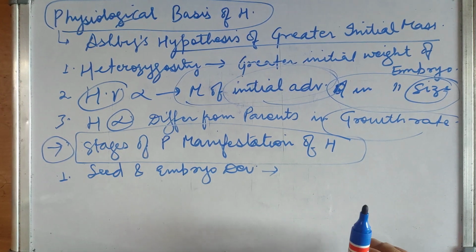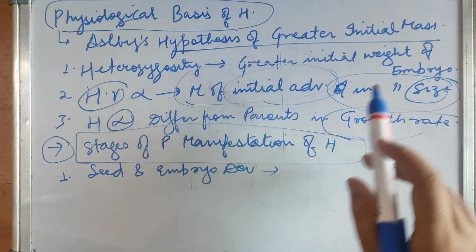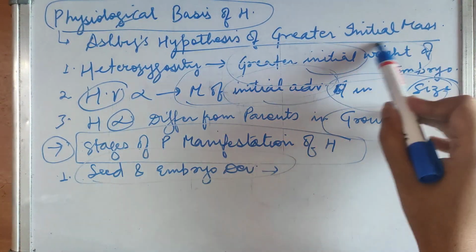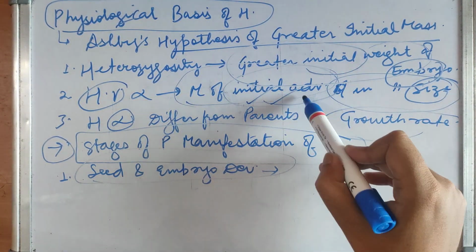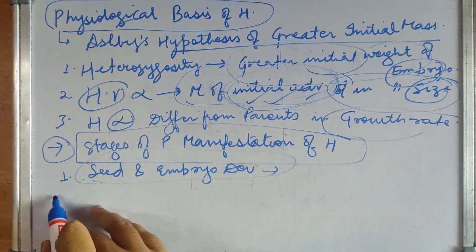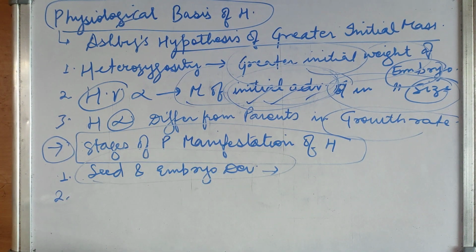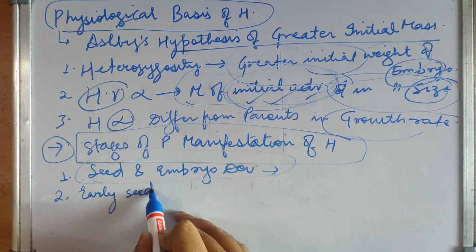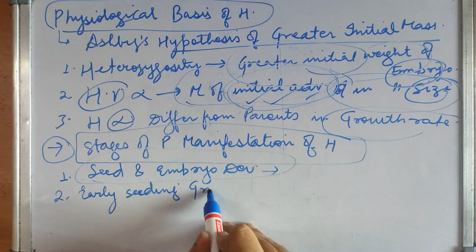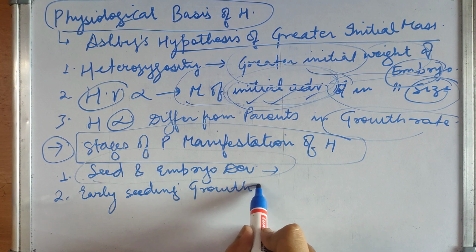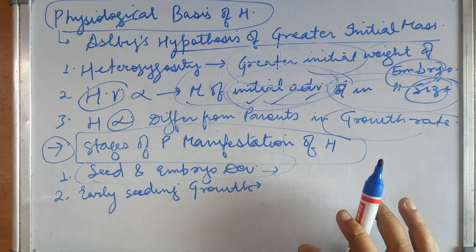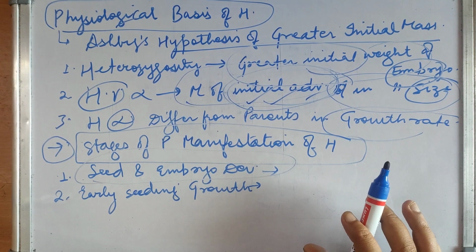Here we see that the hybrid embryo exhibits greater vigor in earlier stages, because we know there is greater initial weight of the embryo at the initial stage. In early seedling growth, the hybrid shows a higher growth rate than inbred immediately after germination, but not later.